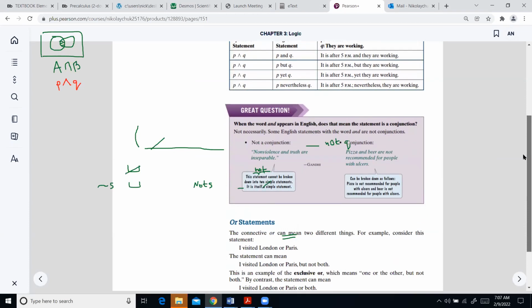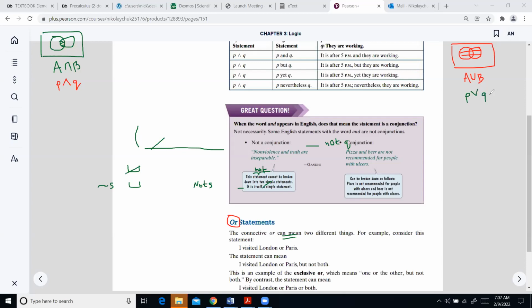Analogously, we have statements with or. So that's what the next portion of the section is talking about. And we already saw unions for that matter, right? A union B, that was A or B, so you can be in any portion of either set A or set B. And it turns out for that, they have a special logical symbol also, that's called disjunction.